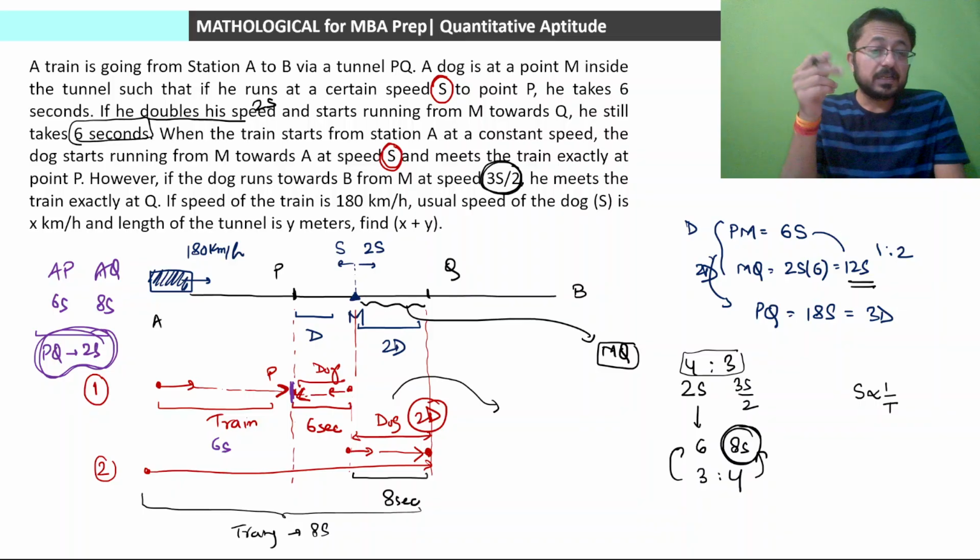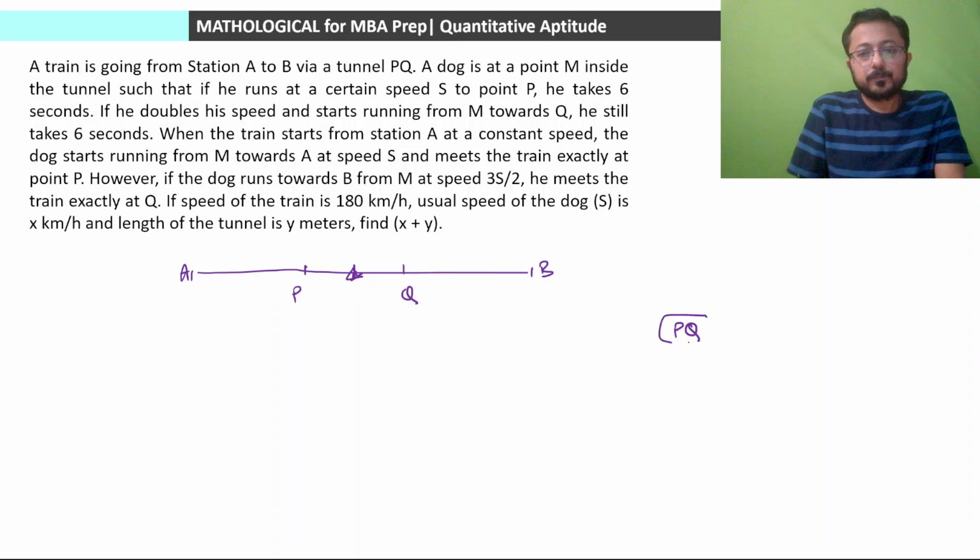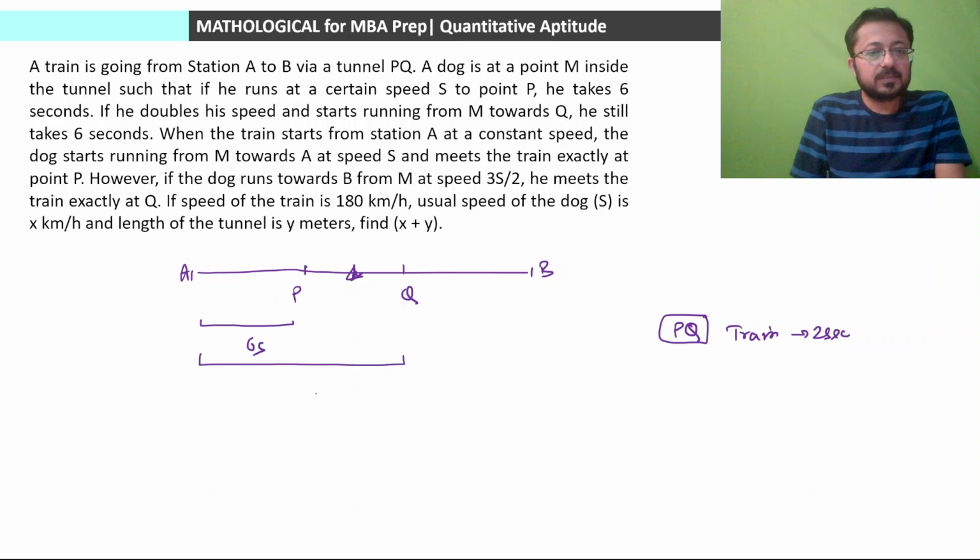But the dog with his usual speed takes 18 seconds in total to cover the PQ distance. ठीक है, basically A, P, Q, and this was point M, and this is B. So from P to Q, the train is taking 2 seconds, because from A to P it is taking 6 seconds and from A to Q it is taking 8 seconds for the train.